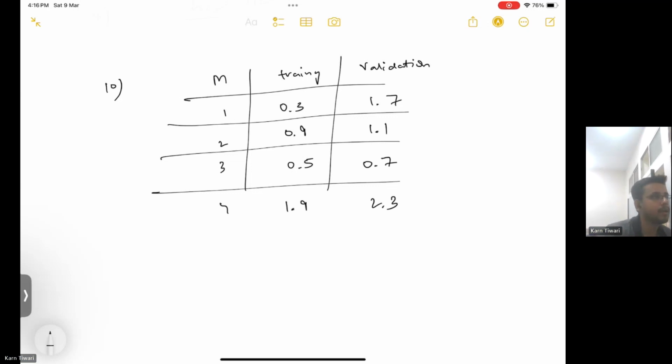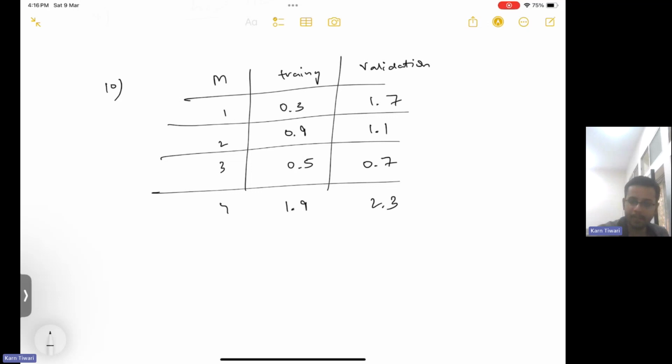See, the first model has low training error but higher validation error; that is more variance. The second one has both approximately the same. The third is also approximately the same, but training and validation are both lower than model 2.